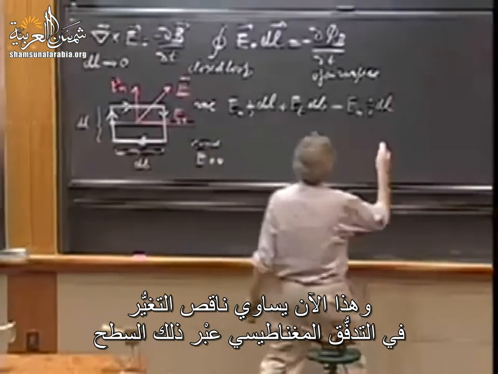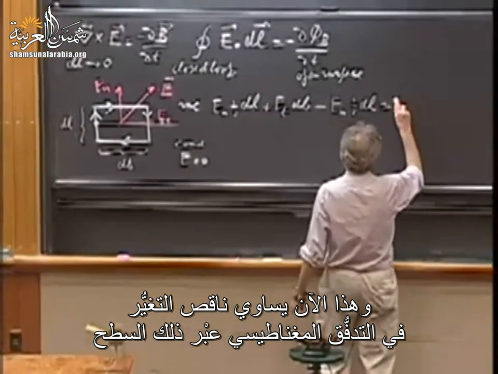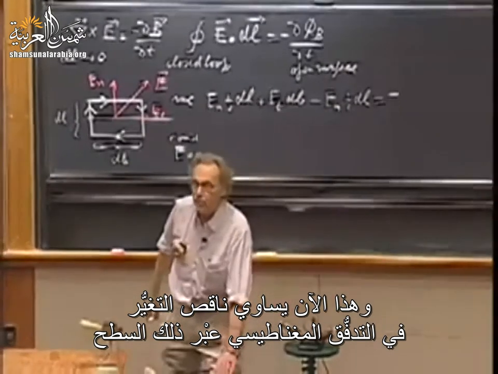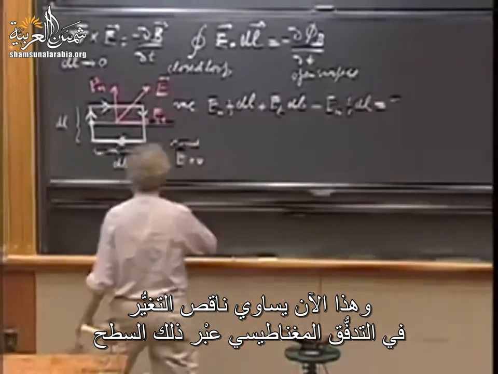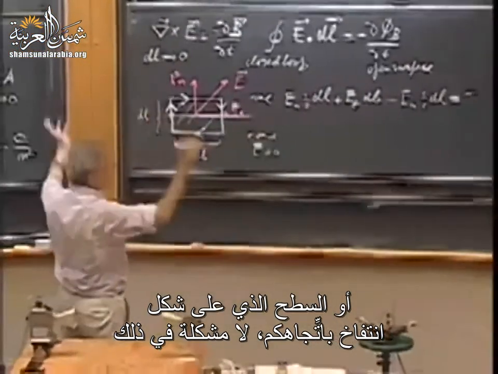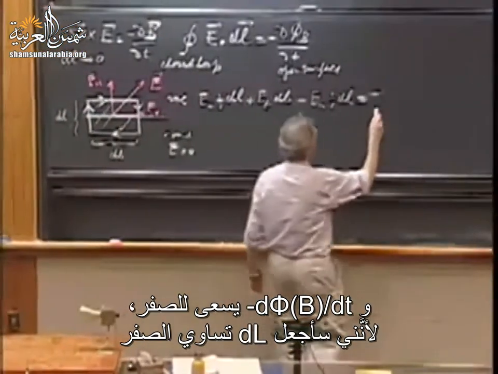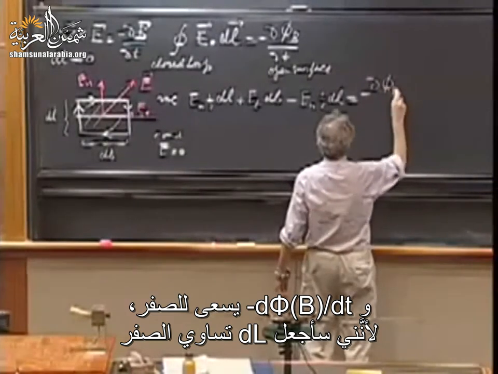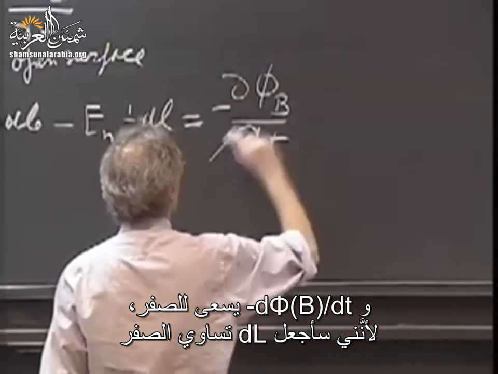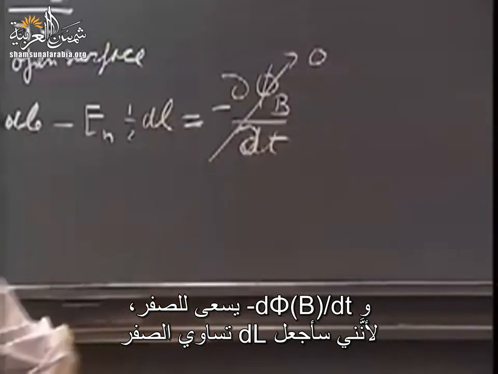So this now becomes minus the change of the magnetic flux through that surface, this surface, if you wish, or a surface that bulges out in the audience, I don't care. It is minus d phi B dt. And that goes to 0 because I'm going to make dl 0.